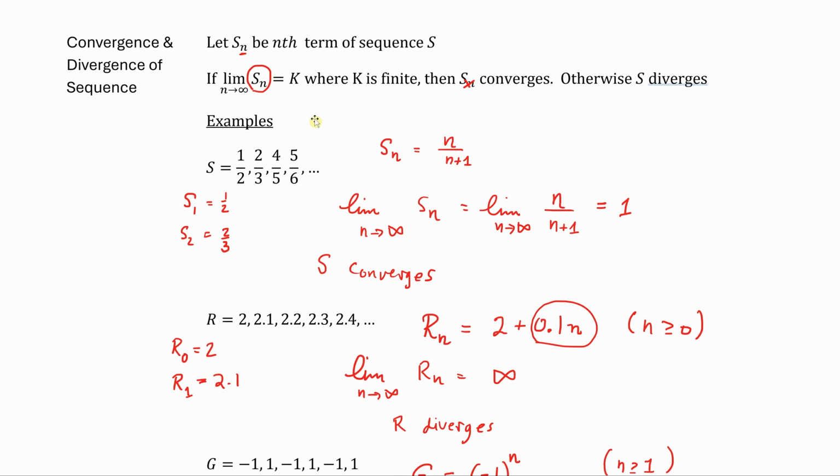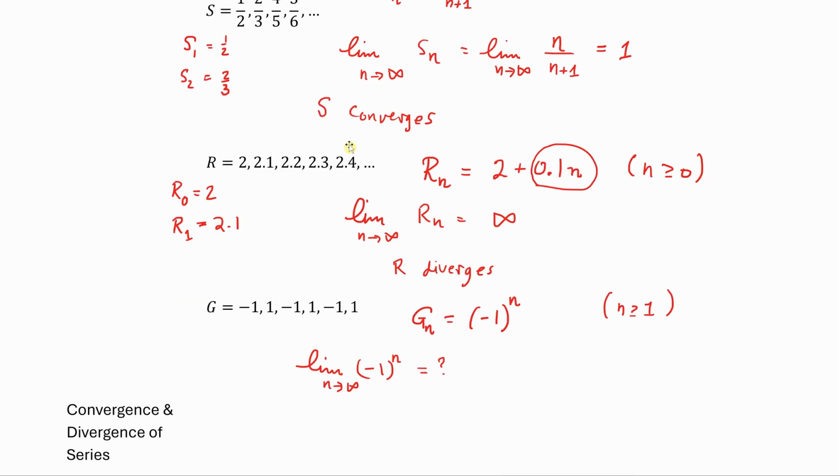In this case, k is finite, but we have too many k's. We have two numbers that it could be bouncing back and forth between, so it's really not approaching anything. Approach means it gets closer and closer as you get more and more terms. So even though it may seem counterintuitive, we can say that G diverges.